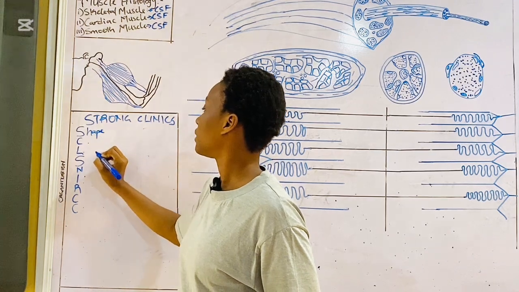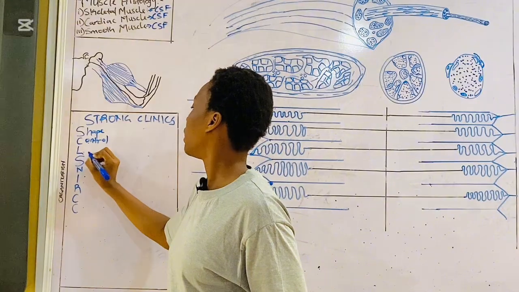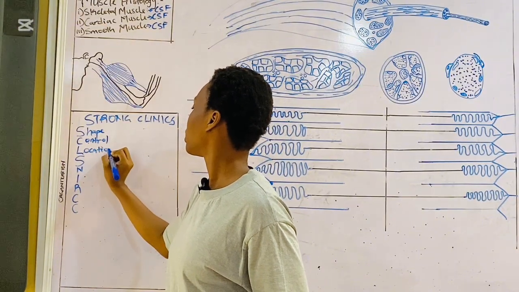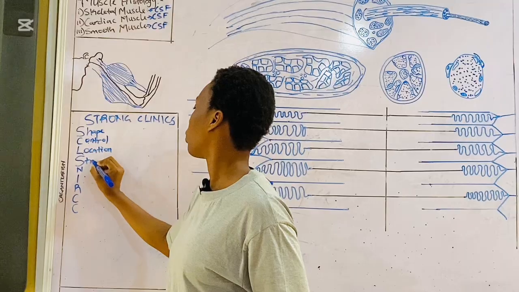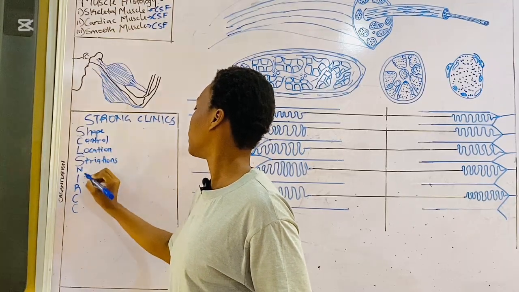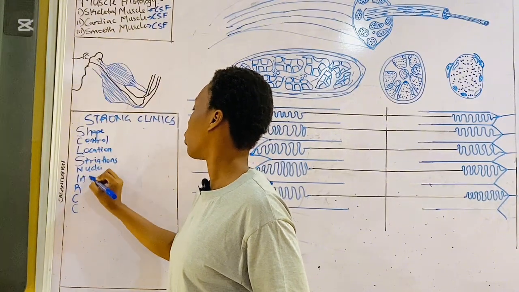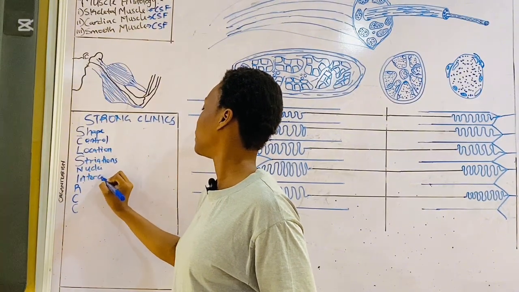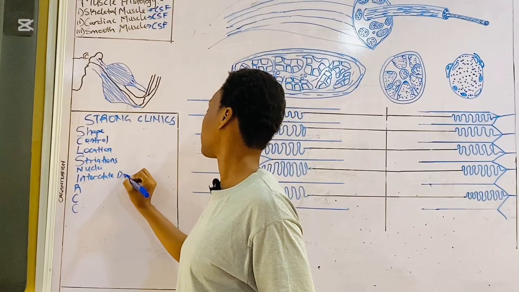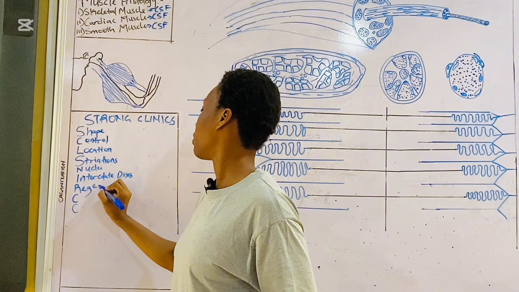The C stands for control. L stands for location. The other S stands for striations. N stands for nuclei. I stands for intercalated discs. R stands for regeneration.